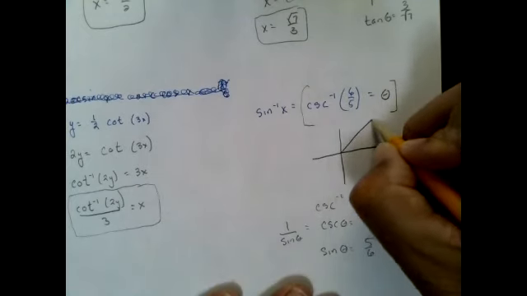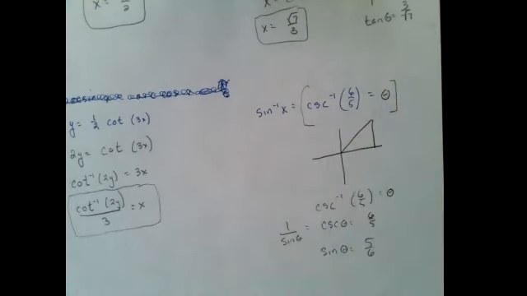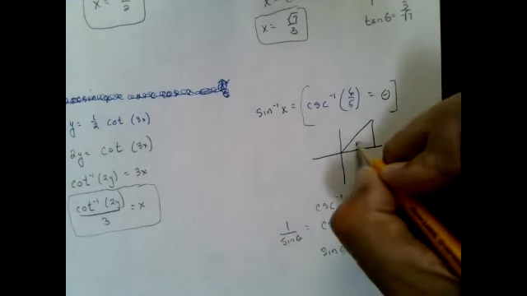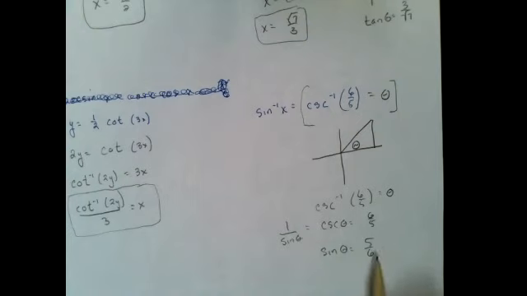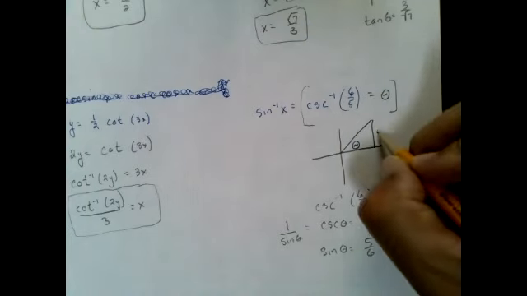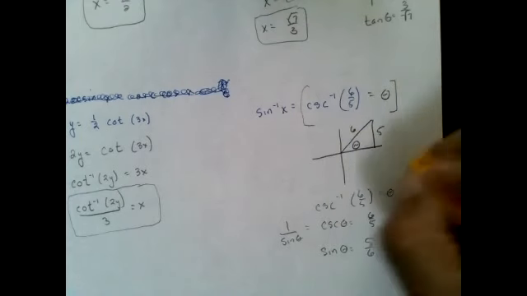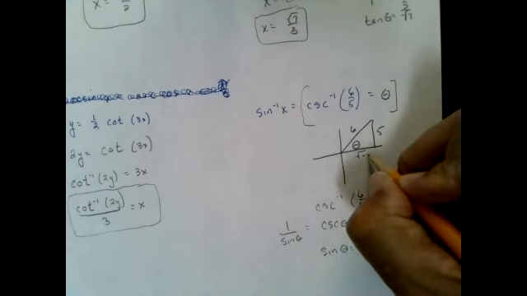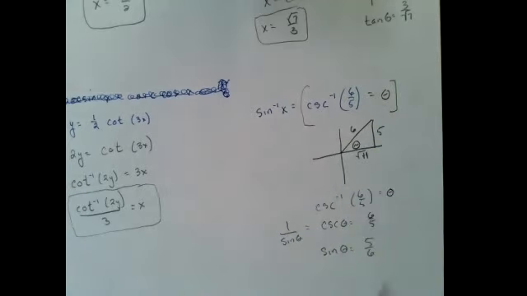Now I draw this triangle to get that third measure. I think maybe I need it, maybe I don't. So here's theta. Here is 5/6. Sine is, so there's a 5, there's a 6. I think this comes out to be the square root of 11. Following what we've done before. Okay, good.